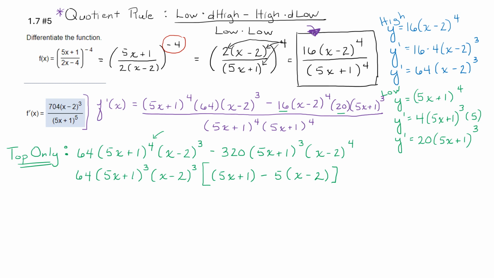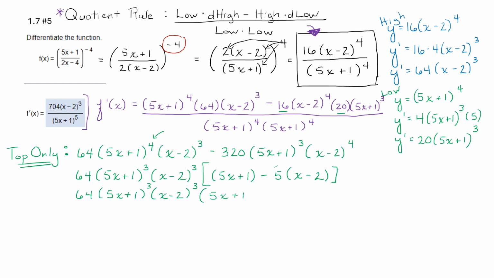All right, so still top only. And you don't have to write all this, but I'll tell you what, I do, because if I don't write it, I lose it. So the 5x + 1 is just 5x + 1.